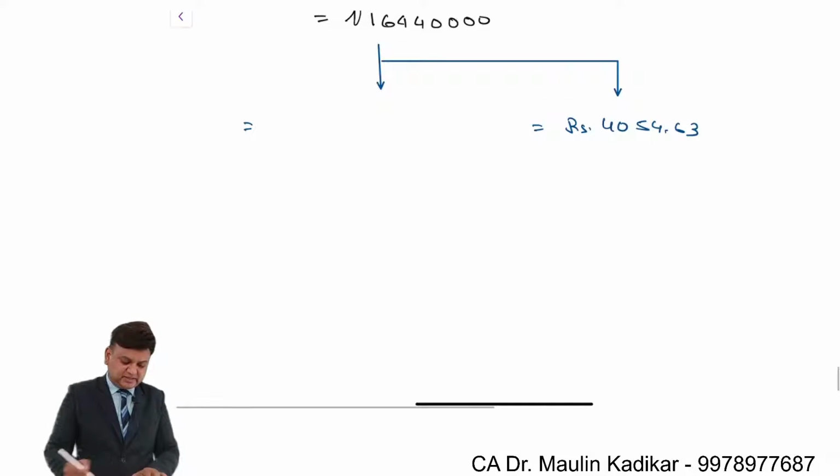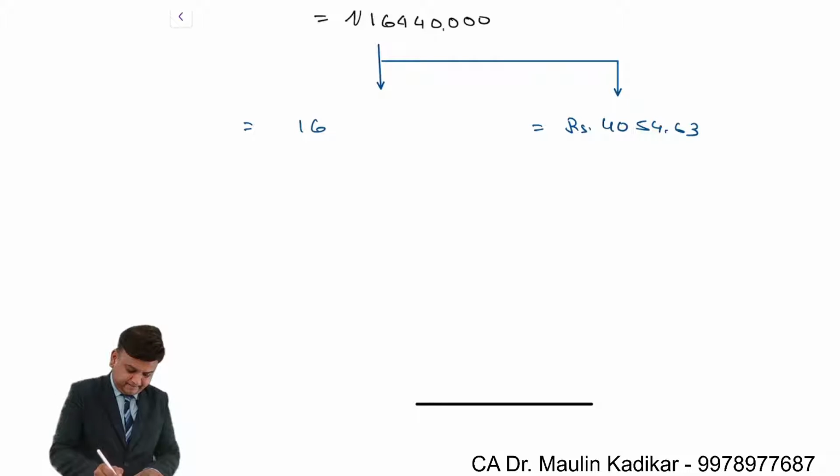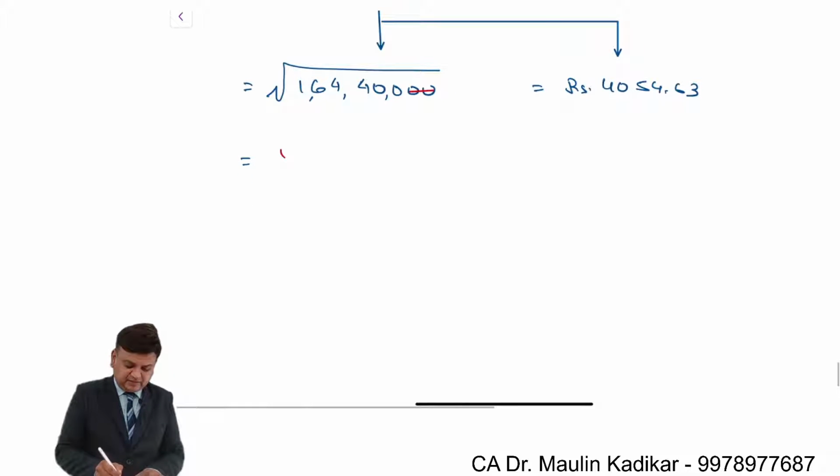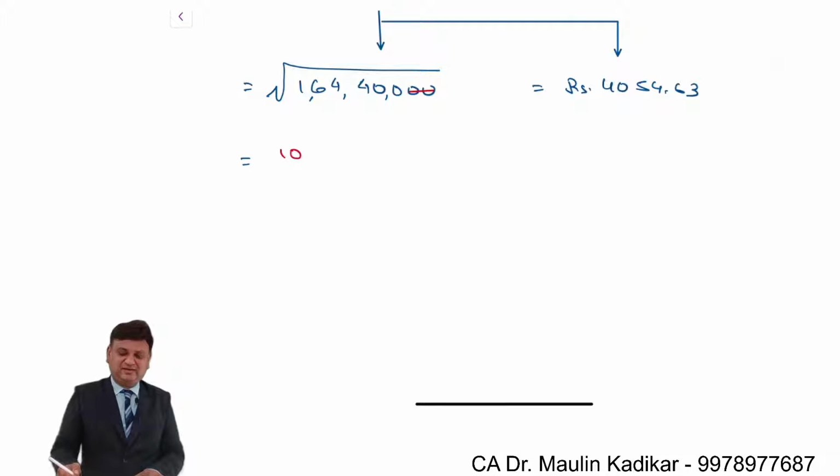Now other thing is that say what you can do, square root of 1 crore 64,40,000. It's under root. Now what you can do, you can cancel two zeros from this and you multiply final answer with 10.